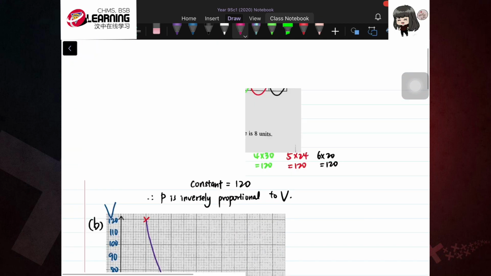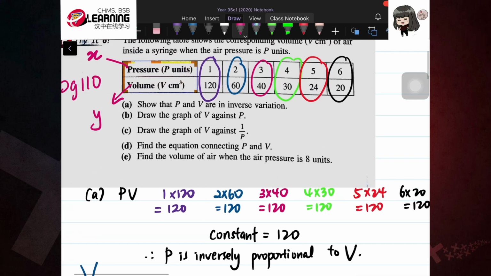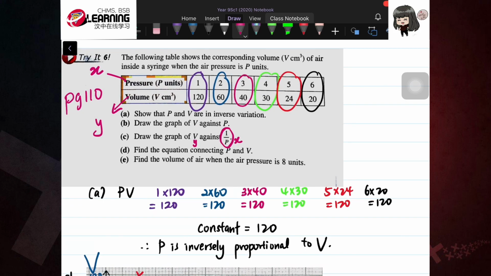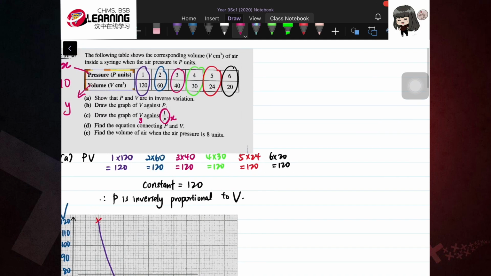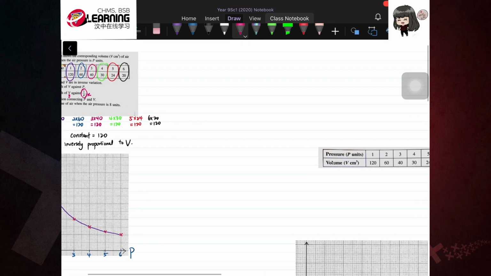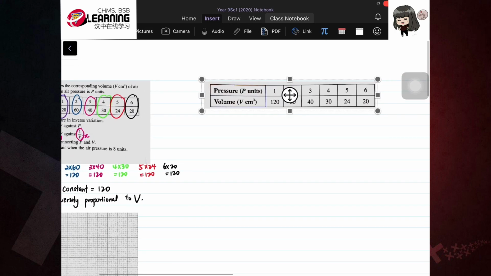For part C, draw the graph of V against 1 over P. Now our y-axis is V, our x-axis is 1 over P. But in the table we are not given 1 over P, only V and P. So we have to restructure the table, building another table connecting V and 1 over P.